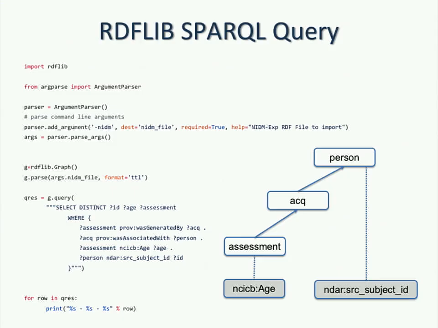What this allows you to do is more complex queries across these graphs, because you can tie in information. If this person has some other assessments or other data associated with it, you can just expand the graph that you're trying to match. That's what's behind the graph databases.